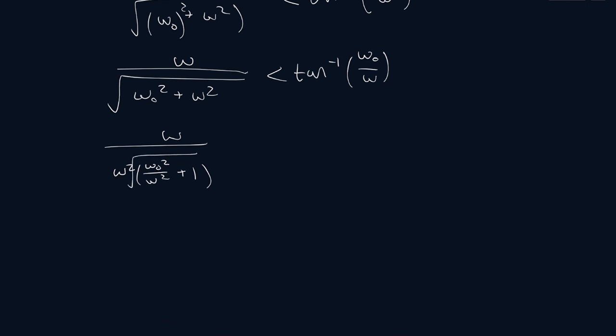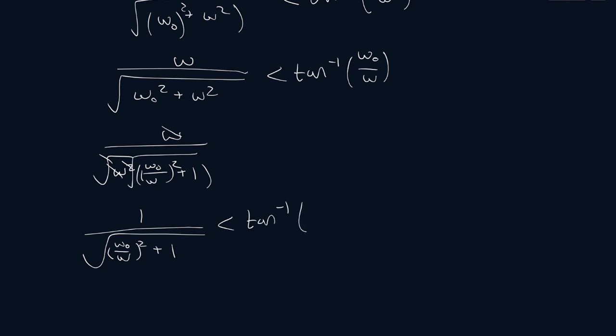Then break the square root up. This and this cancel out, and this cancels out. And bring the square up here. So I can rewrite this as the following. Alright, and then tan inverse of WO over W.